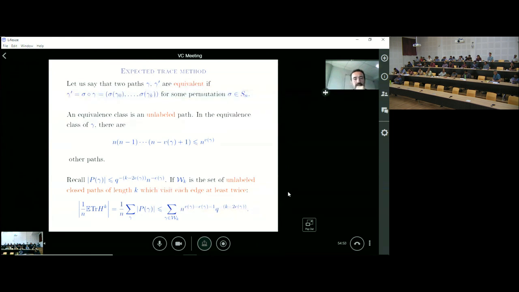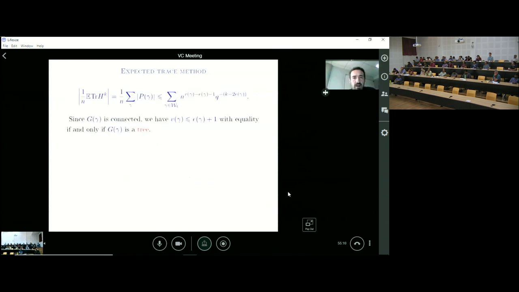And you get the expectation of the normalized trace of your matrix to the power k. Okay, so I've rewritten again this expression above here.